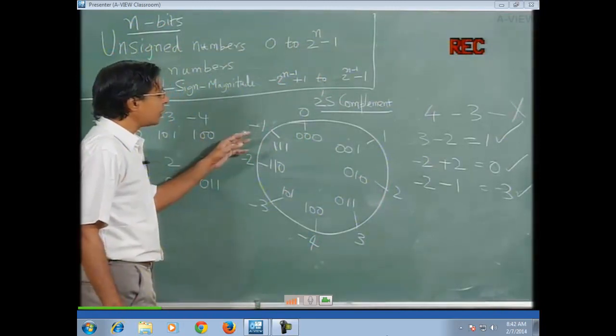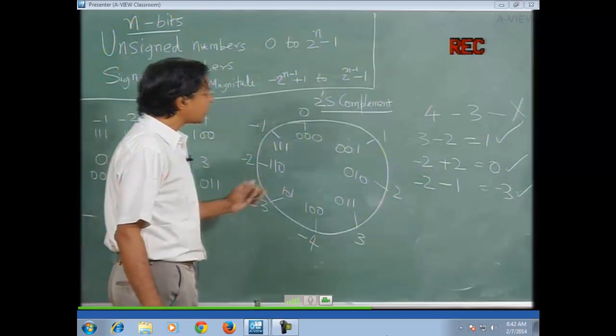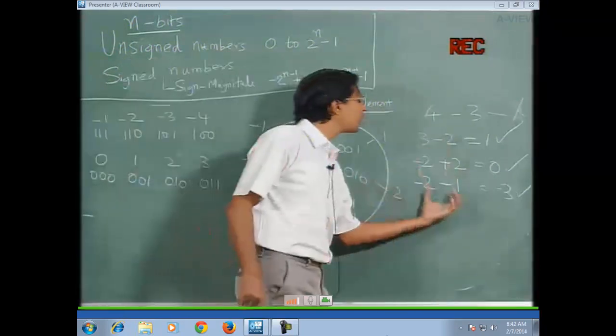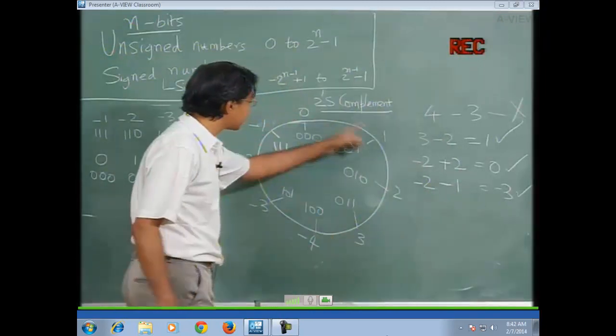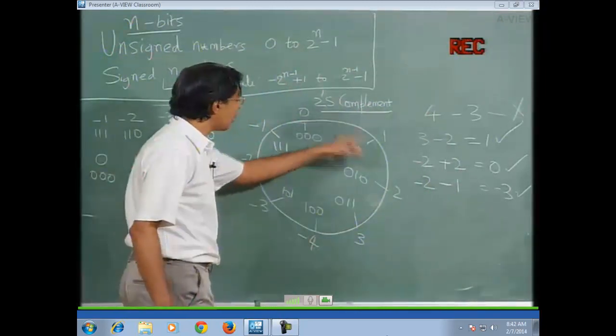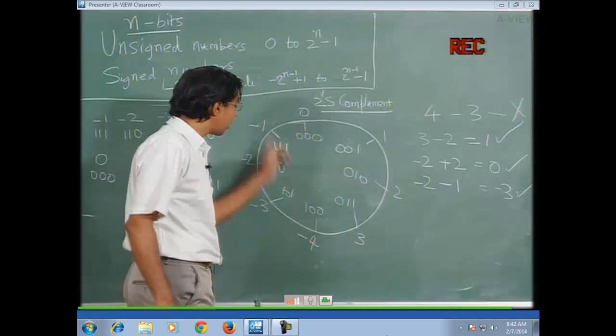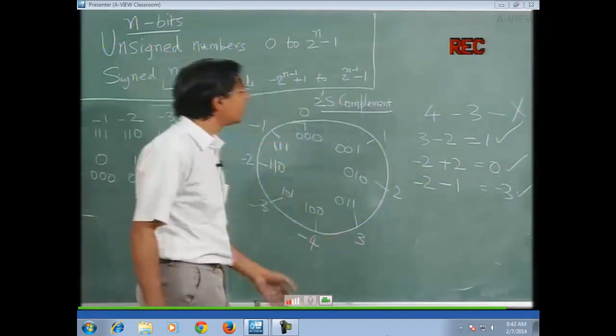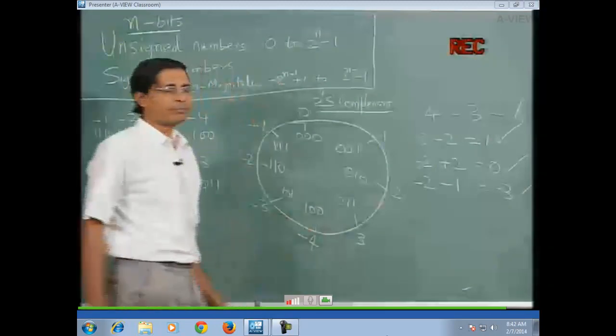Please note that, assuming the inputs are within this range, all the inputs I am going to get should be within 0 to 3, and within minus 1 to minus 4. I can't have anything less than minus 4 nor anything greater than 3.